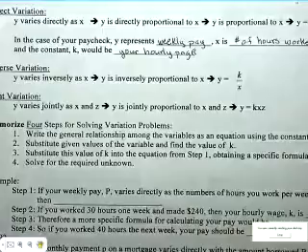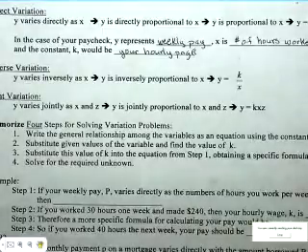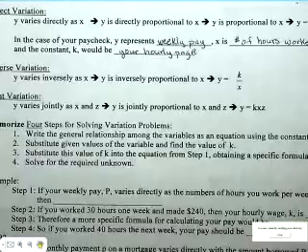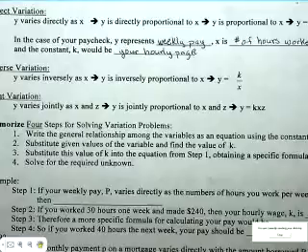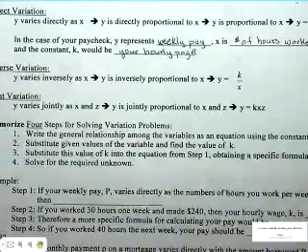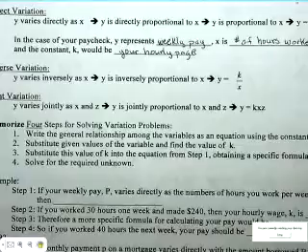All right, here are the 4 magic steps. If you have your own way of doing variation problems and you get the right answer 100% of the time, you don't have to use my steps. But if you're not getting the right answer darn close to 100% of the time, give these a try. Step 1 is always write the general equation among the variables using a constant k.